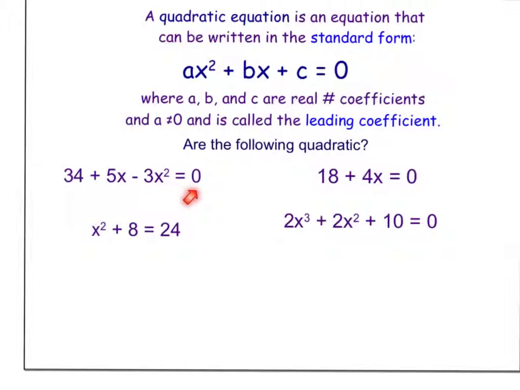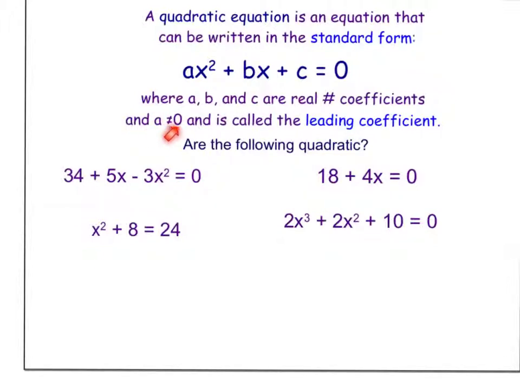So here, are they quadratic? Is this one quadratic? Yes, it is, because if we rearranged all of this, we could fit it in this, and my highest exponent is 2. Is this one quadratic? No, because I don't have an x squared in it. And I certainly could rearrange it and have a as 0, so 0x squared plus 4x plus 18. But to be a quadratic, a cannot be 0.